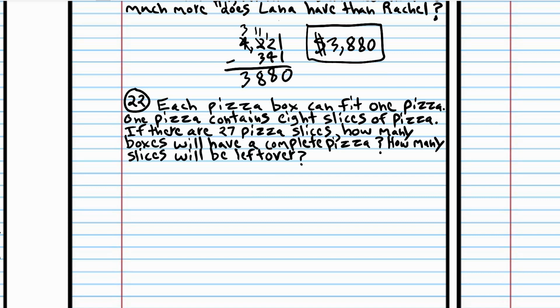So each box can hold 8 slices. You have 27 slices. So if each box contains 8 slices and you have 27 slices, how many boxes will have a complete pizza? How many boxes will be filled up by the slices? How many slices will be left over?